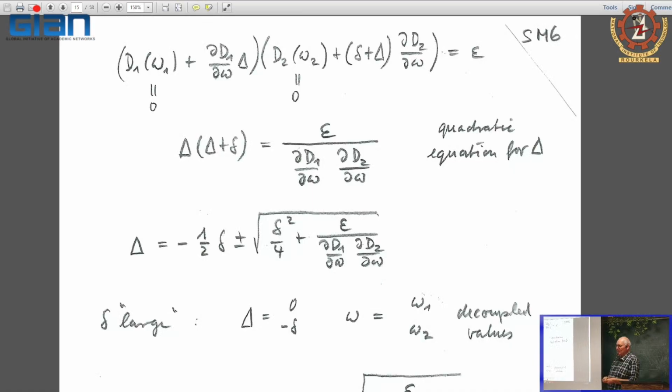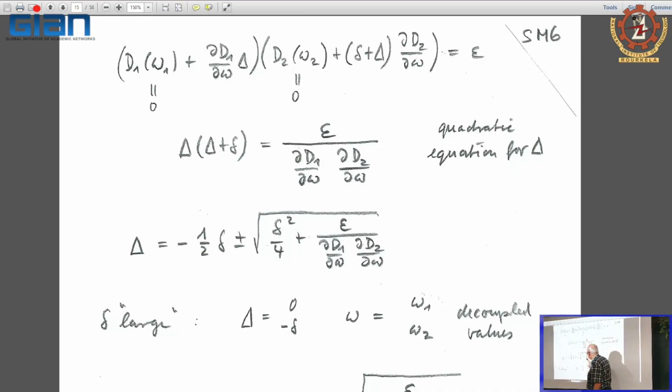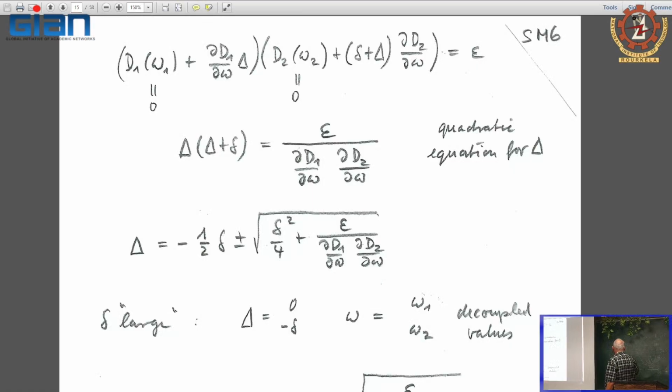If delta is large, if the difference of omega 1 and omega 2 is large, that means we are far away from the crossings, then we can neglect this term compared to delta squared. So we are far off the crossing. Delta is omega 1 minus omega 2, and this means delta big means we are far away from the crossing.